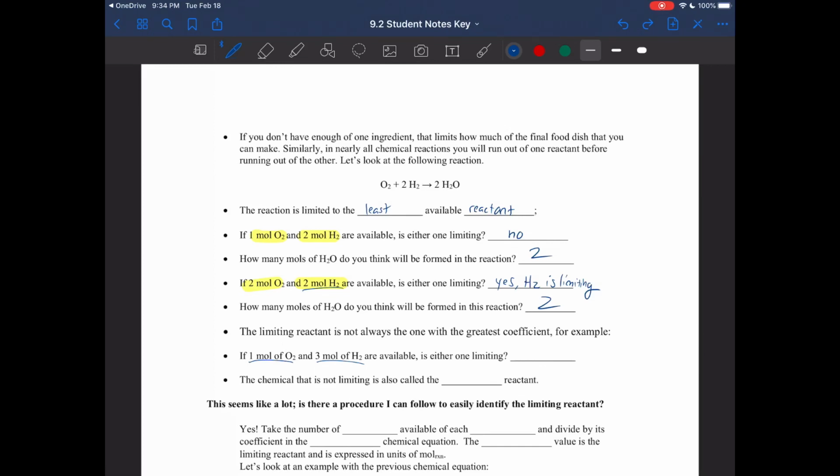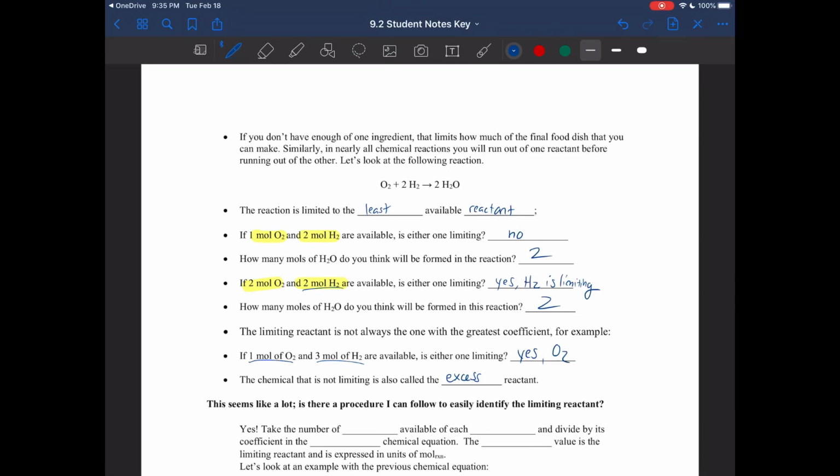There's just so much less of it. So yes, O2 is limiting here. Whatever's not limiting the equation from going further, we're going to call that the excess reactant. You have so much extra, it's excess. Just the other one that's not limiting.